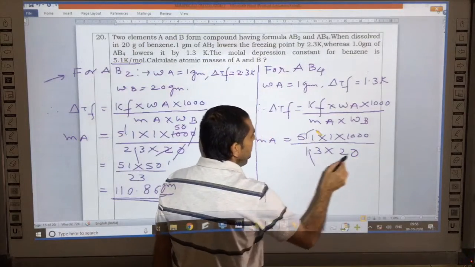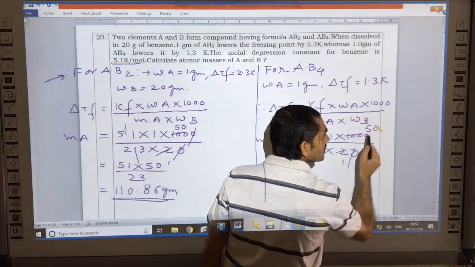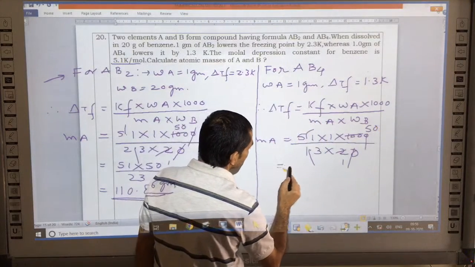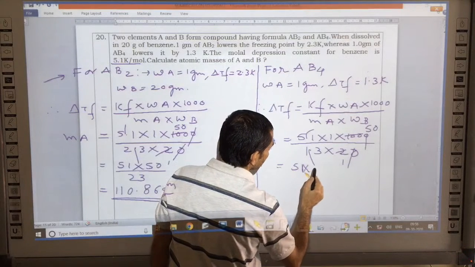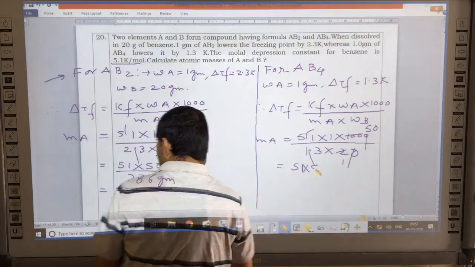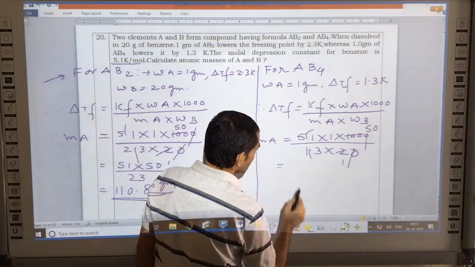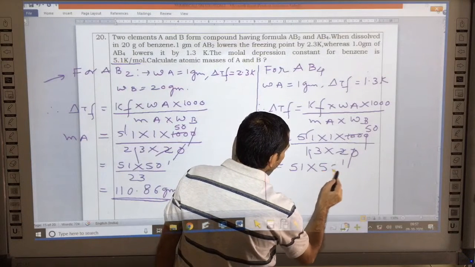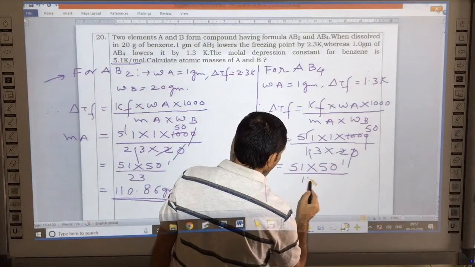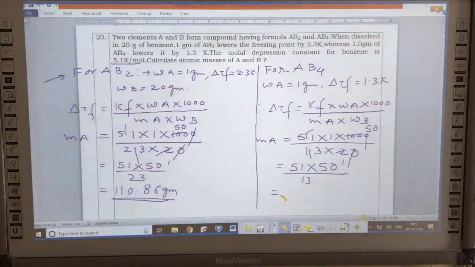Point cancel, 0 0, 2 1s are 250. 51 multiplied by 51 into 50 upon 13. Solve it. This will be the molar mass of what? AB4.